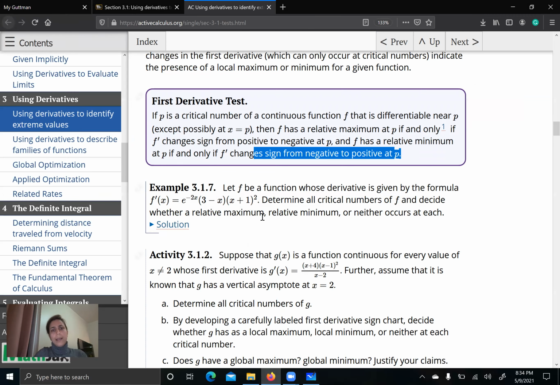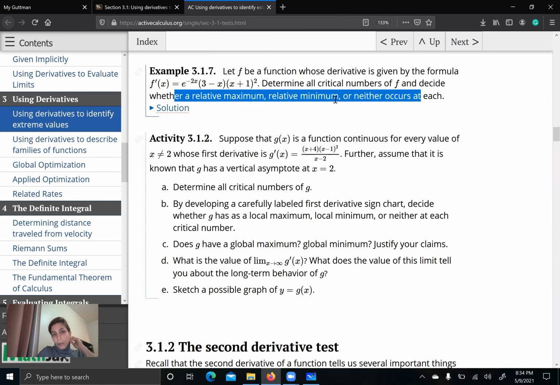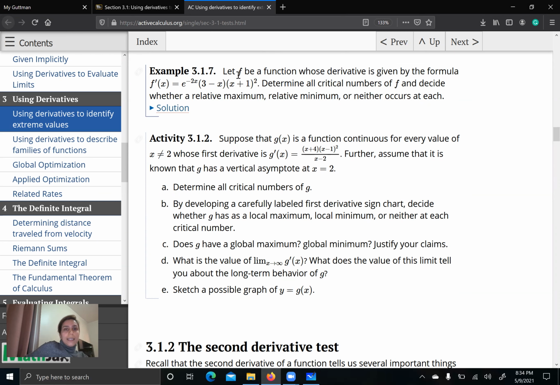For example, let's see one application of this test. It says let f be a function whose derivative is given by this formula. Determine all the critical numbers of f and decide whether each is a max, min, or neither. Please pay attention that in this question, we are not given the formula for f, so we don't know its original function.